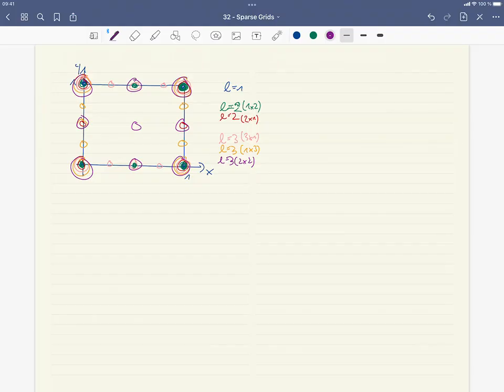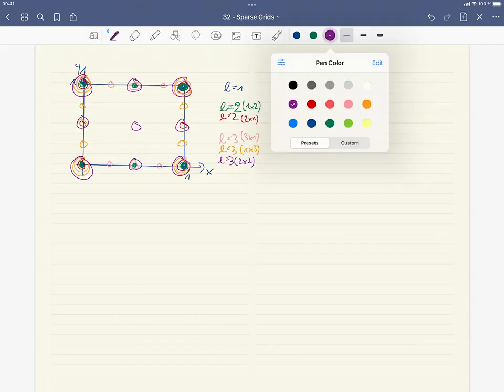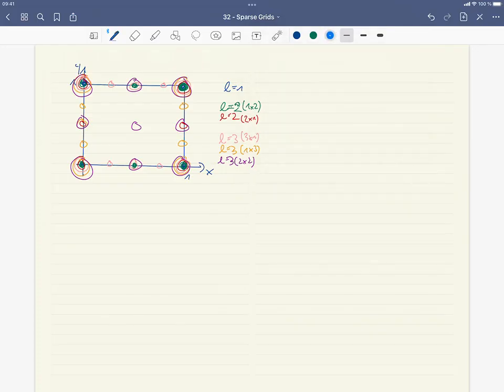Yeah, so this would be the L equals 3 sparse grid, and now I can go one level higher, level 4, and I'm only going to spend one color on it because I'm pretty much out of colors. So let's try it nonetheless. Light blue, L equals 4. I get a refinement here.